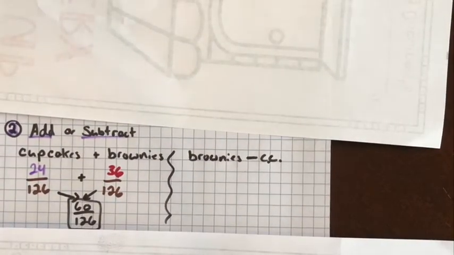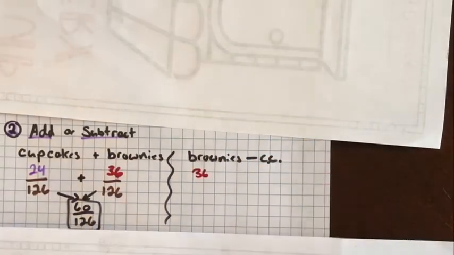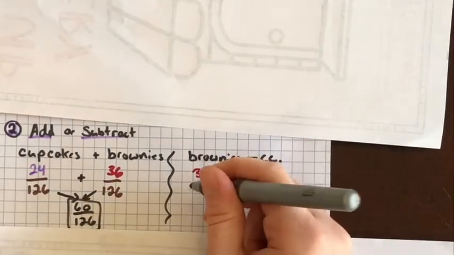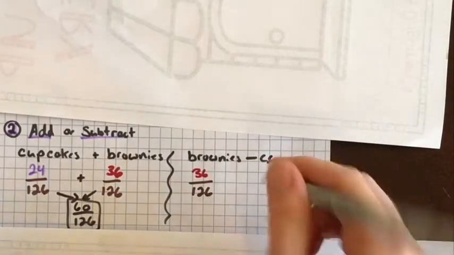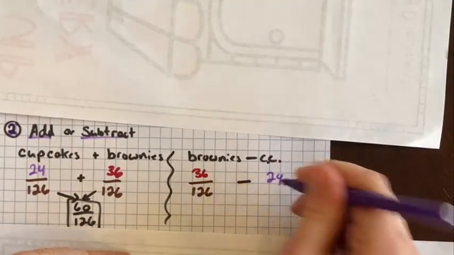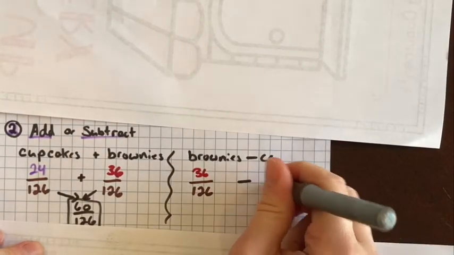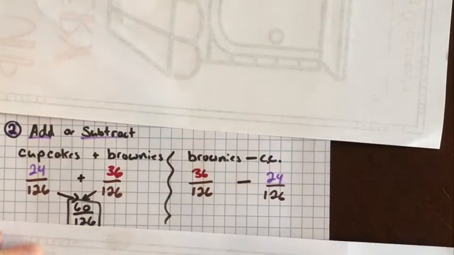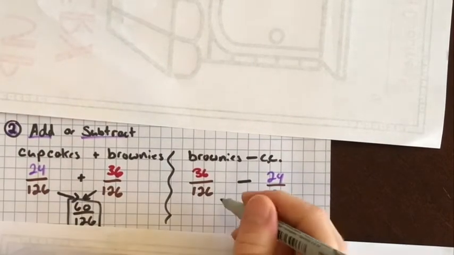Well, take the brownies, which is 36 out of 126, minus the number of cupcakes, which is 24 out of 126.